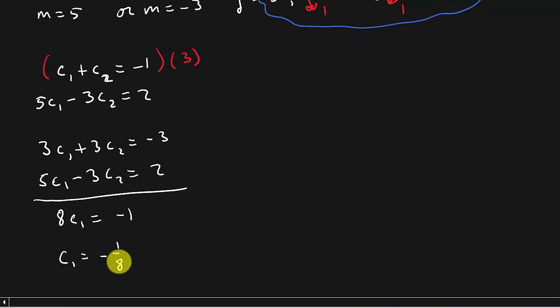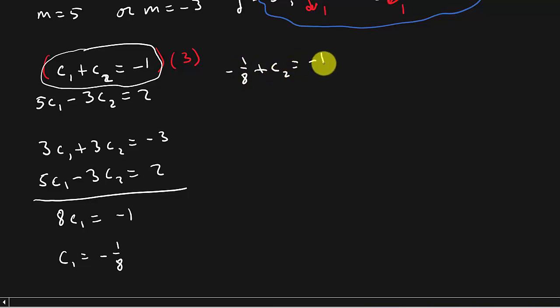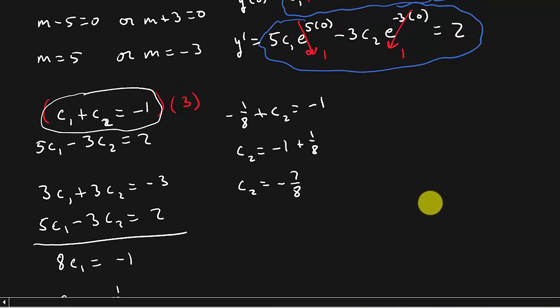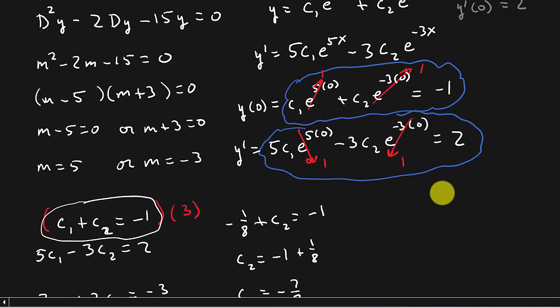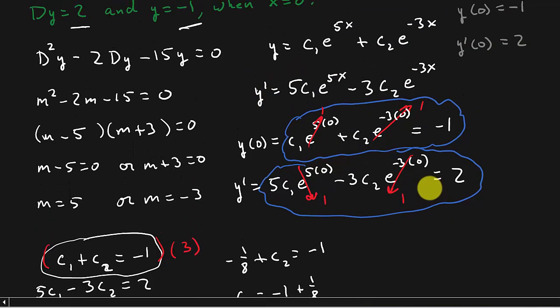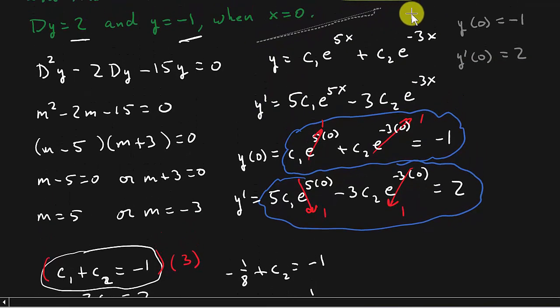All right. And so now I can take this -1/8 and I'll plug it back into this one. So I get -1/8 plus C2 equals -1. So C2 is -1 plus 1/8. So C2 is -7/8. All right, so remember this right here, where is it? Right here. This is our solution.